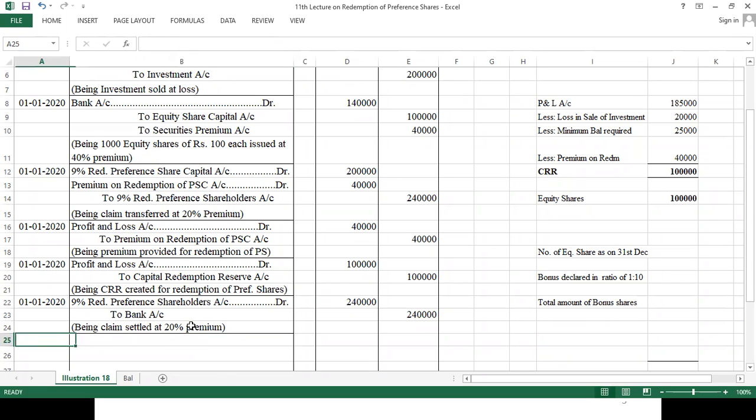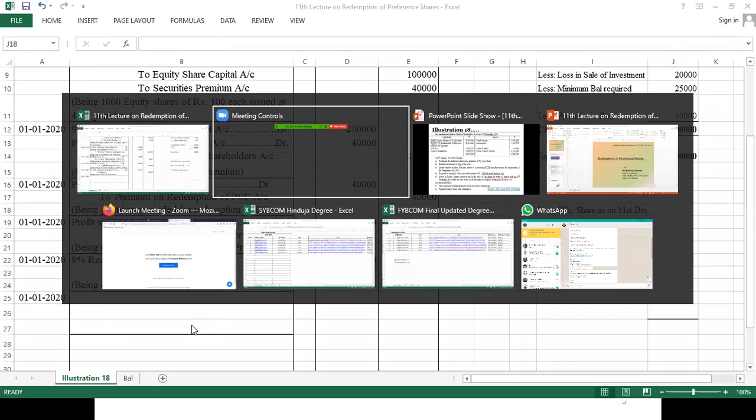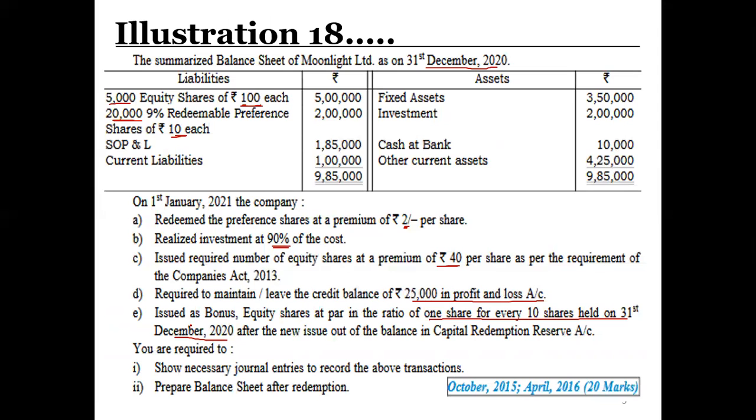Okay. Now the last two entries are related to issue of bonus shares, and they are saying the shares will be considered only till 31st December 2020. So let's see, number of equity shares as on 31st December 2020 is how much? 5,000.